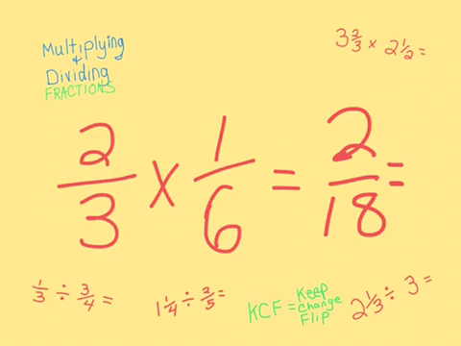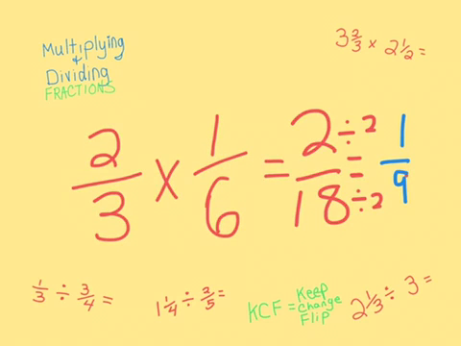So we're going to reduce it by dividing each number by 2. 2 divided by 2 equals 1, and 18 divided by 2 is 9. So our answer is 1/9.